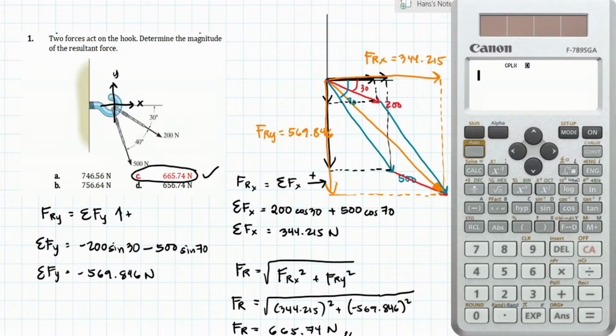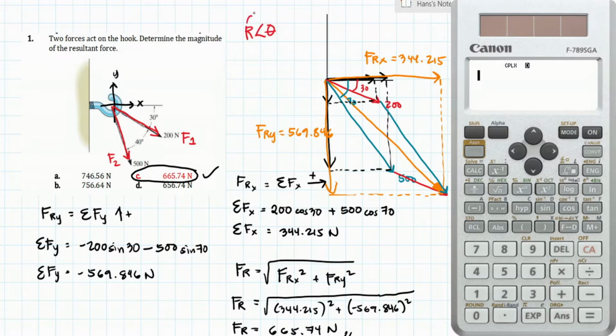So, halimbawa, let's say, etong 200 Newton force na to, tawagin nating force 1. Okay, and then etong 500 is force 2. Ang gagawin lang natin class, i-convert lang natin siya sa equivalent R angle theta niya.